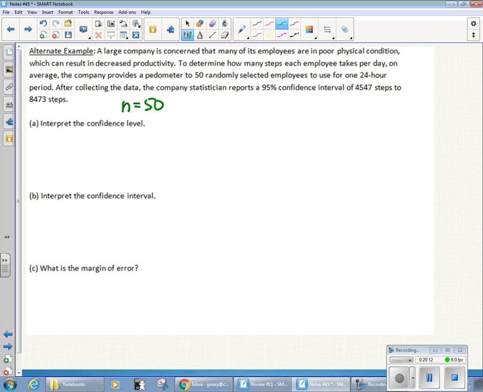After collecting the data, the company reports a 95% confidence interval of 4,047 steps to 8,473 steps. So, interpret this confidence level.